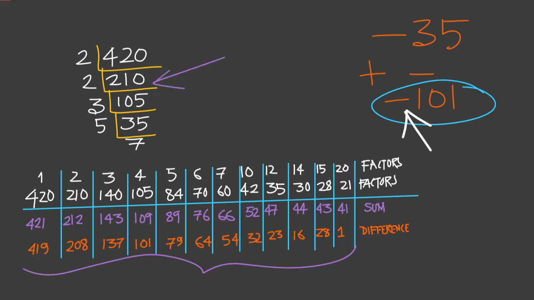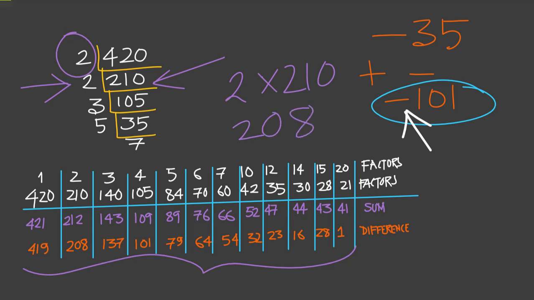Yes, 210 is very close to 208. So in this step 210 occurs, hence you need to consider the other numbers 2 and 210. So 2 and 210 gives you 420, and the difference of 210 and 2 is 208. So we could get 208 also.